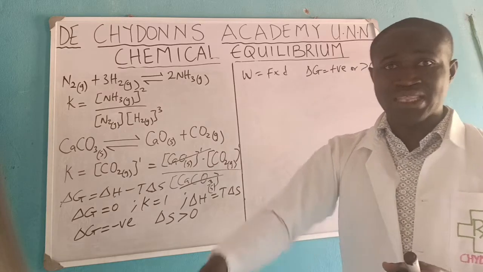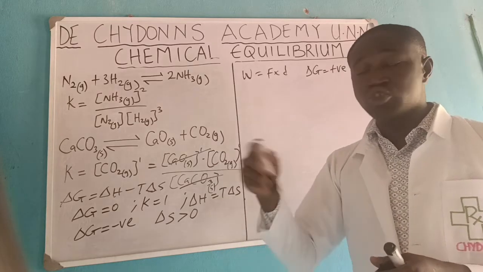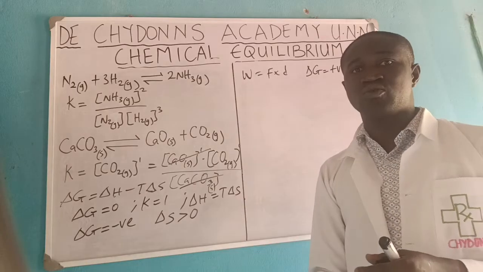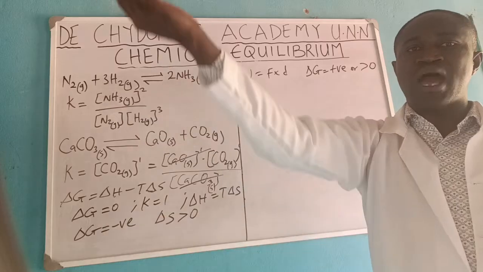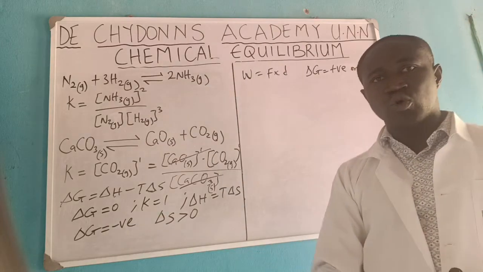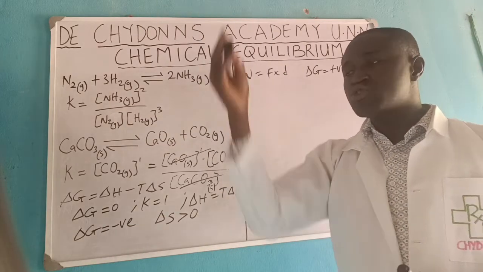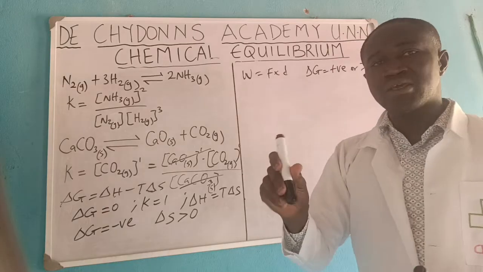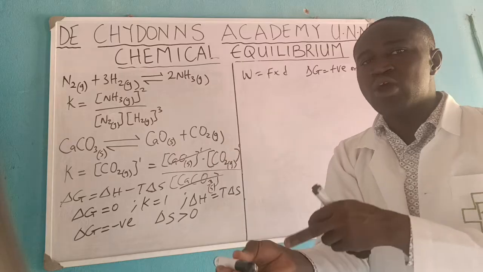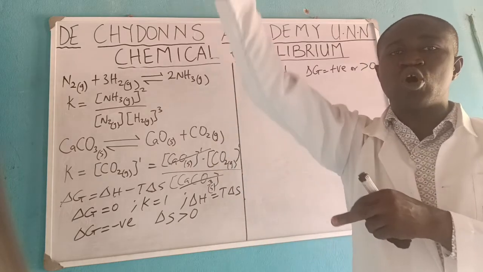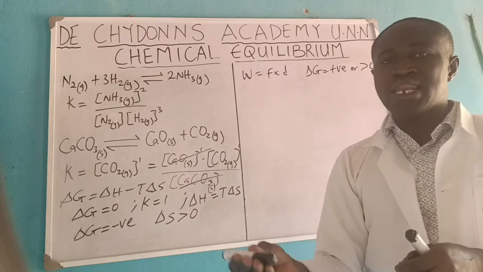If it's juju you use, it's still energy that takes place. If it is you raising it with your hand, it's still energy that you use to raise it up. So once a body is pushed up, it means you applied force to push it up through this distance. So energy is applied.